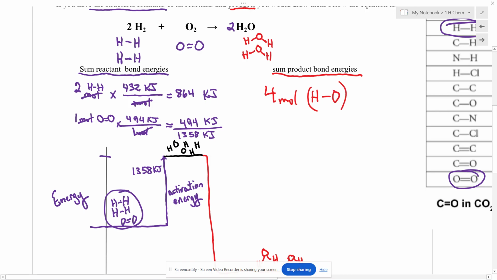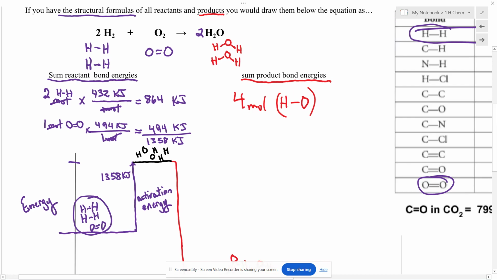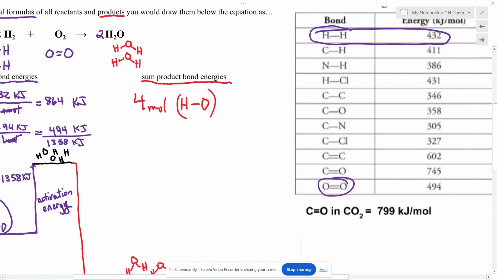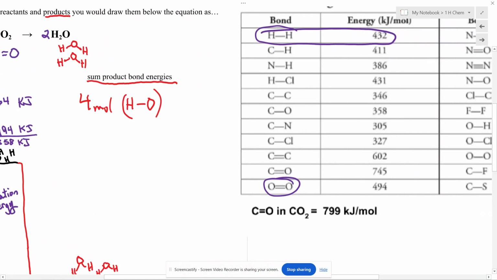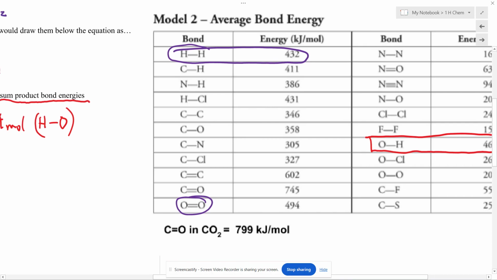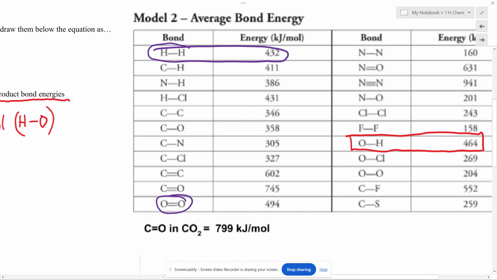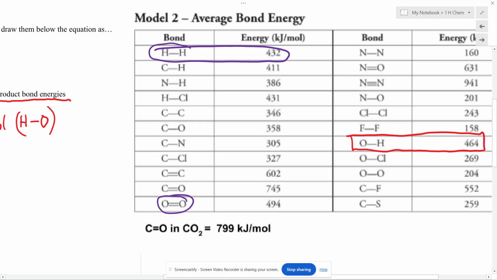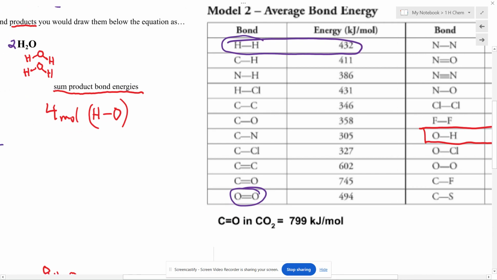We're going to have 4 of those. And we're going to find then that bond over here, hydrogen, oxygen. We're searching around. There it is. Now, this is the amount of energy it takes to break those apart, but of course, remember, that's just the opposite of what you get out when you put them together. So we're going to write negative 464.